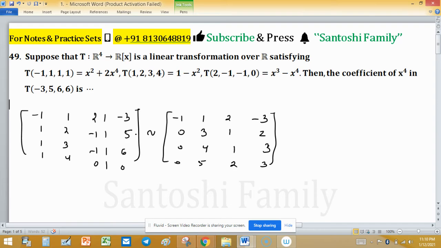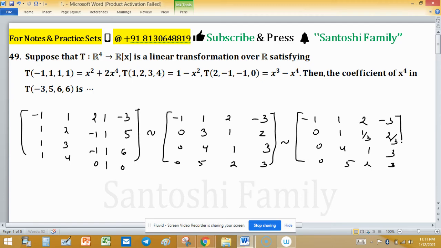What did I do? I added R1 to R2, R3 and R4, and we got this matrix. Then I applied R2 divided by 3 to make 1 in place of 3. So the first row stays (-1, 1, 2, -3), the second is (0, 1, 1/3, 2/3), then (0, 4, 1, 3) and (0, 5, 2, 3).